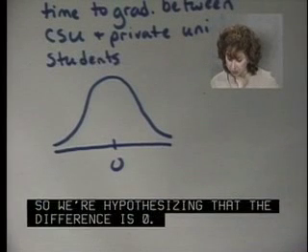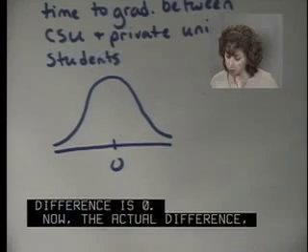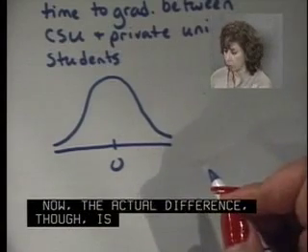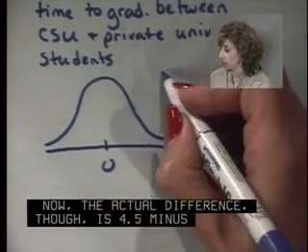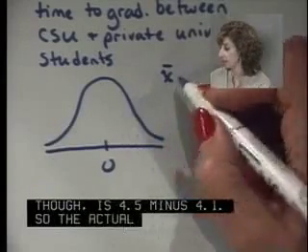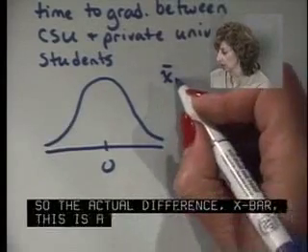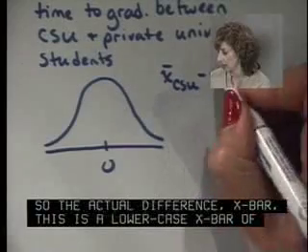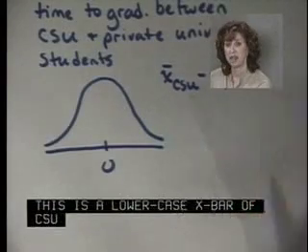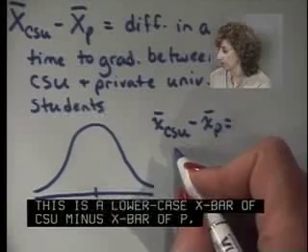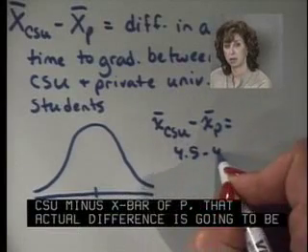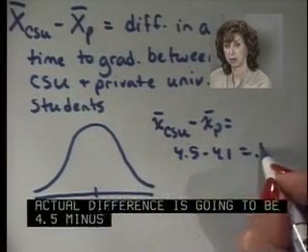Now the actual difference, though, is 4.5 minus 4.1. So the actual difference, x bar, this is a lowercase x bar of CSU minus x bar of P. That actual difference is going to be 4.5 minus 4.1, which is equal to 0.4.